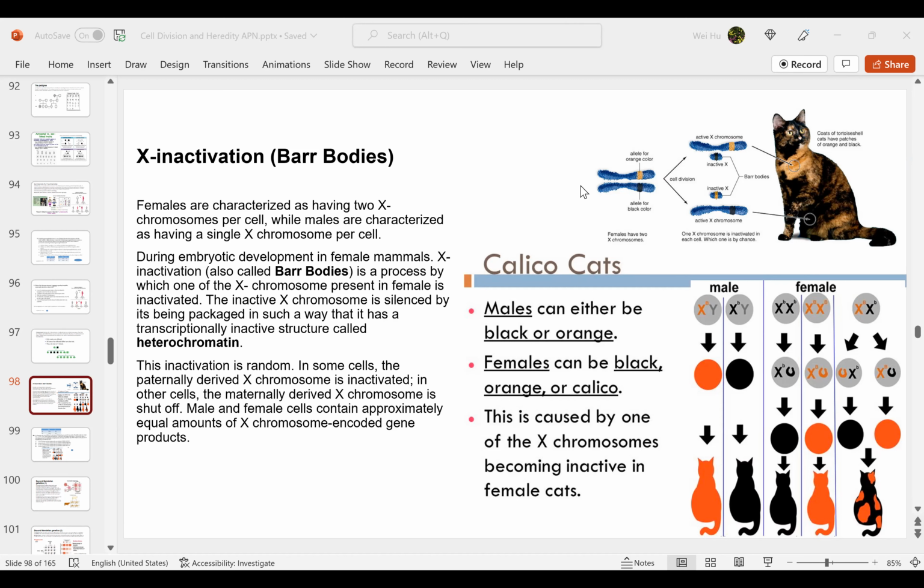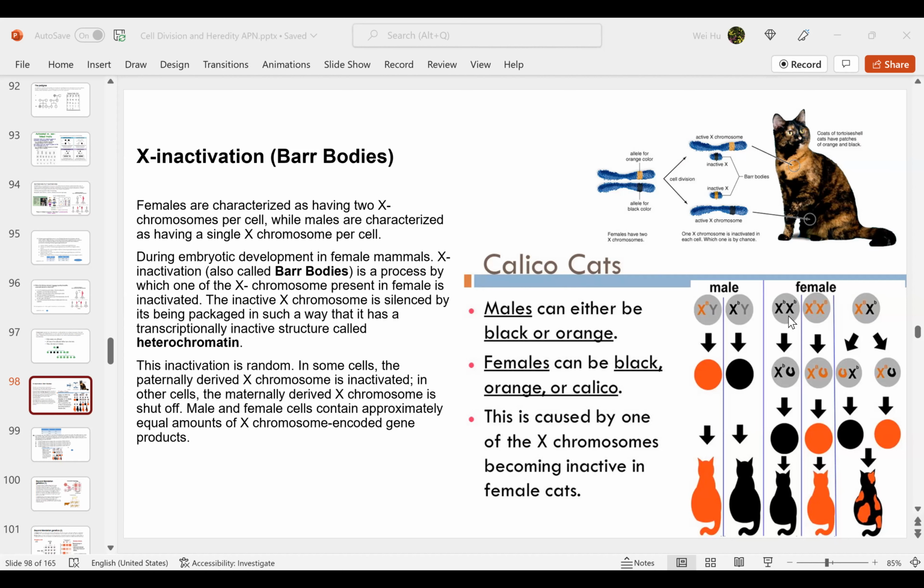So now let's talk about this one. Your fur color is controlled by X genes. So what you can see here is for the female, you have two versions. You have a black version, and you also have an orange version. The black one will show black, and the orange one will show orange.